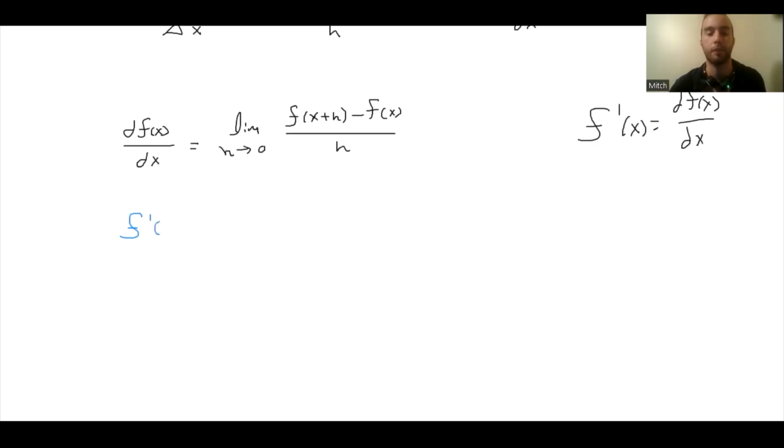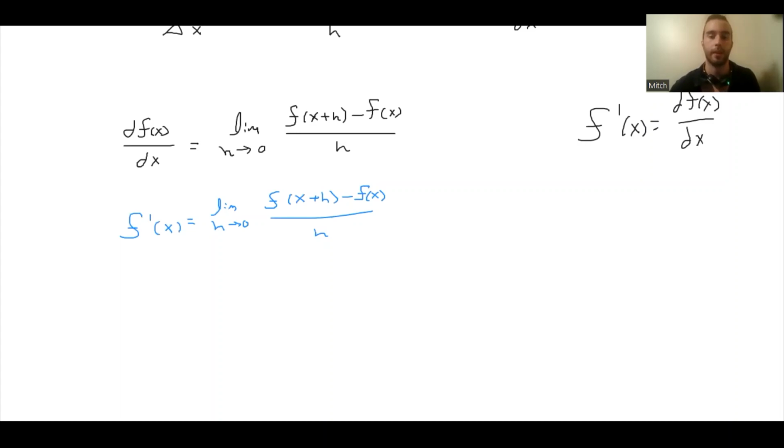So the f prime of x is our limit of h approaching 0, where the input is x plus h, f of x plus h minus f of x, divided by h.